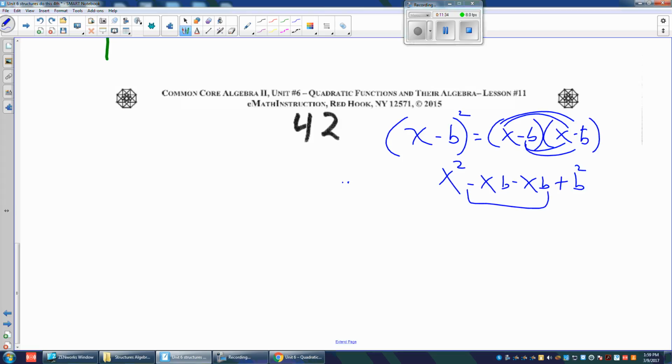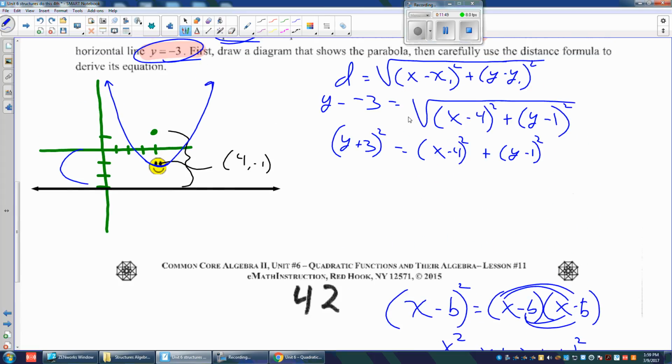That turns into x squared minus 2xb plus b squared. So I can just use this, do some mental factoring, distributing, and we get it.